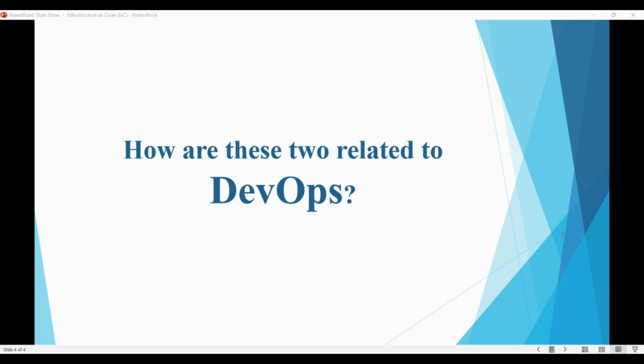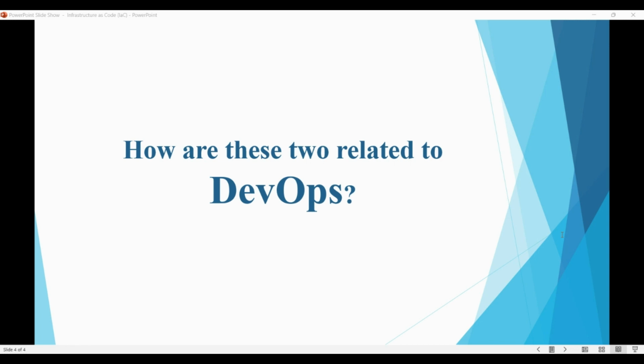Additionally, both of these concepts help to promote collaboration and communication between development and operation teams by providing a common language and tool set for managing the infrastructure. This helps to break down the barriers between teams, improve visibility into the infrastructure, and promote a culture of continuous improvement.